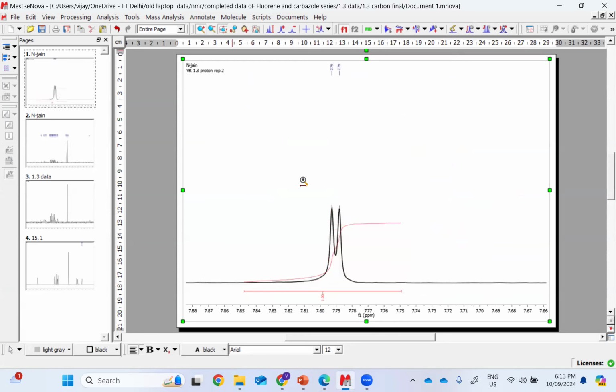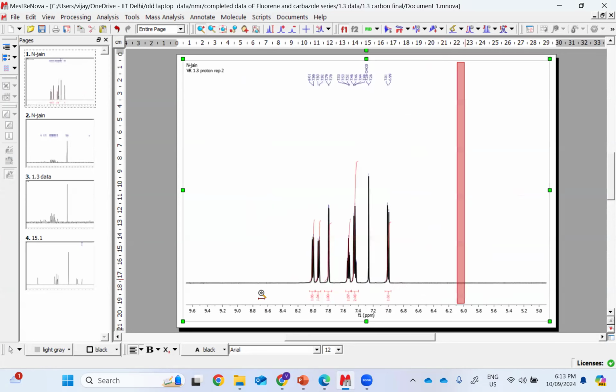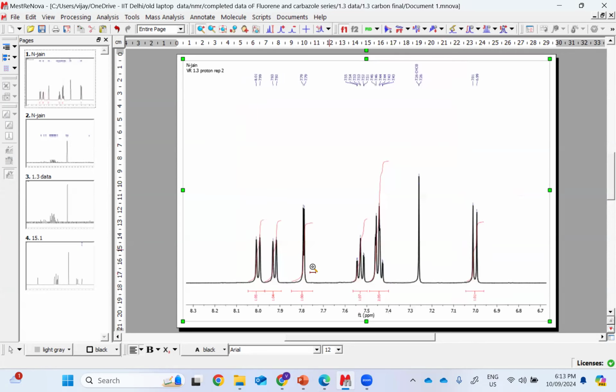If we zoom out, this looks like a singlet, but in actual fact this is a doublet due to the meta coupling, right? The J value is small. This spectrum is recorded on a 500 megahertz NMR instrument, and the J value for this one is about 2 Hz.